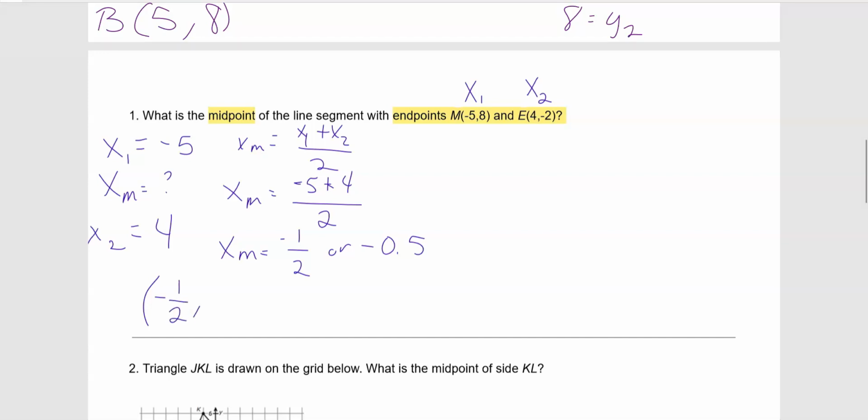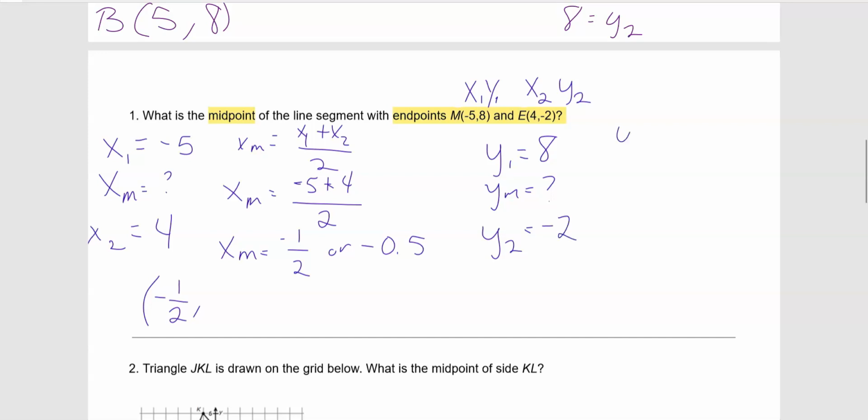Okay, now let's figure out the y value. So we have our y1, y2. Make our list of our givens. y1 is 8. Y of the midpoint is still unknown. And y2 is -2.